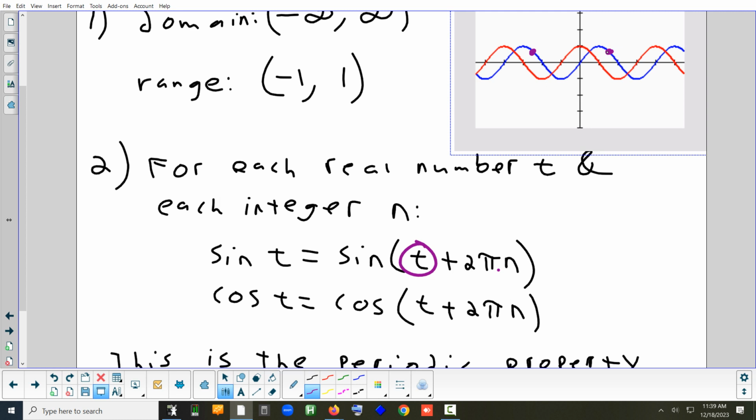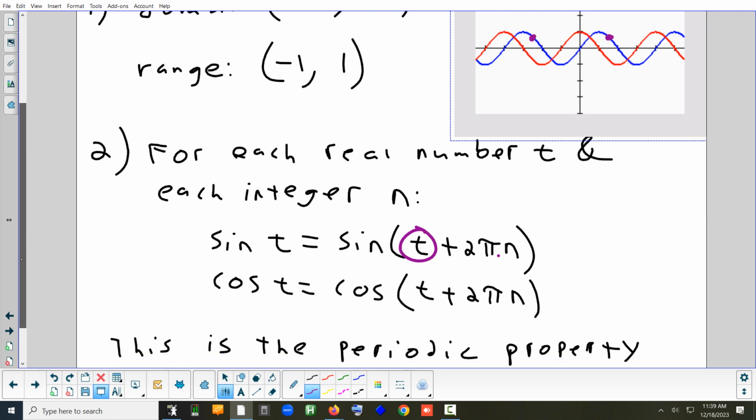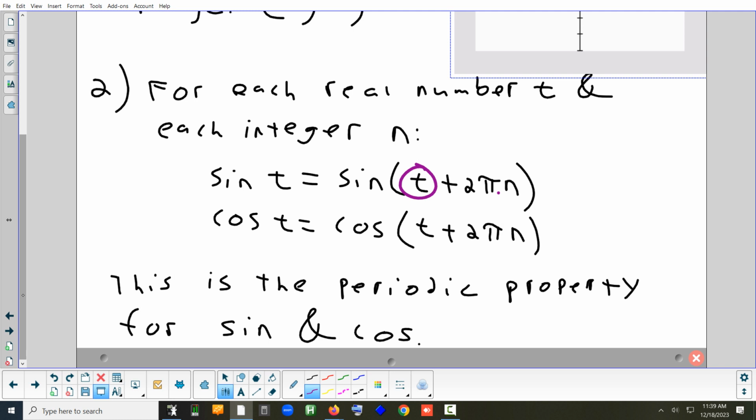And because you land in the same spot in a different cycle, that's why you get the same answer. Because remember what sine is. Sine's like the y value, like the height. These 2 points are at the same height if you drew a line right there. That's the idea. So any question on that idea?